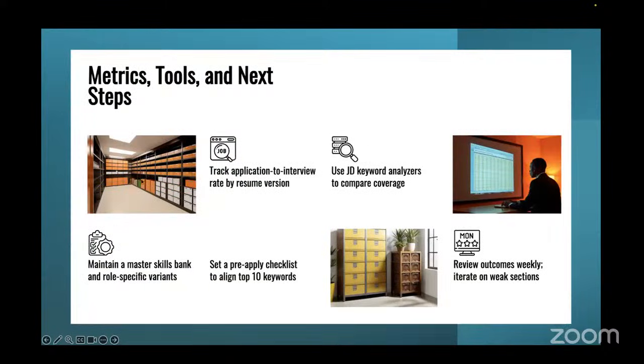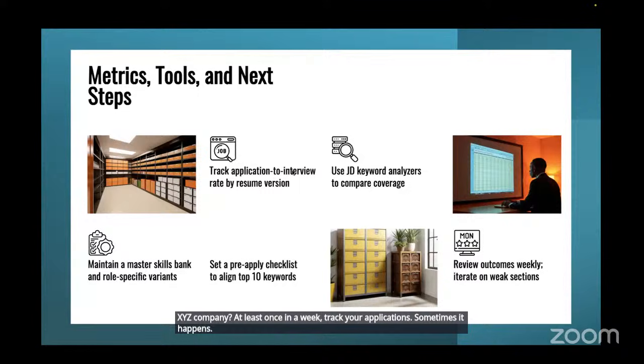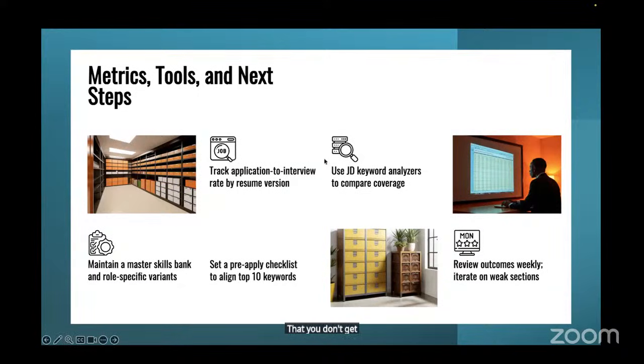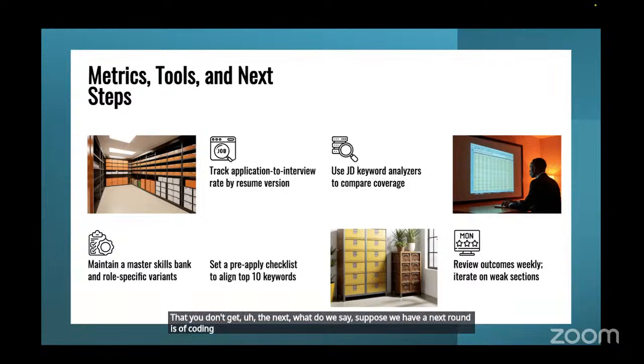So I've also mentioned some of the tools you can use here again. Track your application again and again. If you have applied for a role at some company, track your application at least once a week. Sometimes you don't get the next round email, suppose the next round is coding.